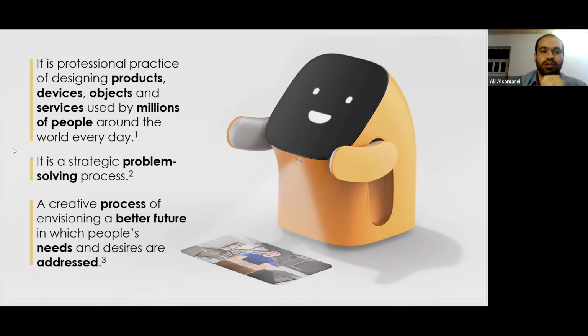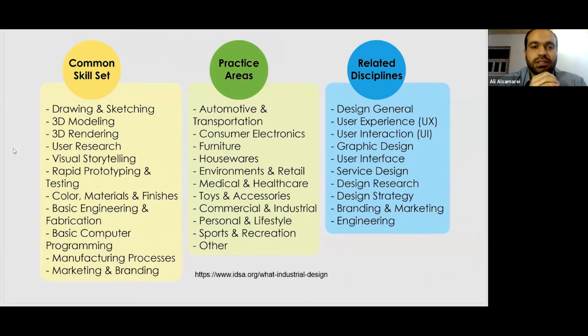Some of the common skills that an industrial designer should know: drawing skill, 3D modeling, storytelling, materials, colors, some basic computer language, manufacturing. Some people may get more focused on one area.